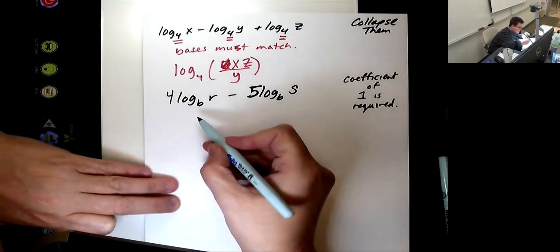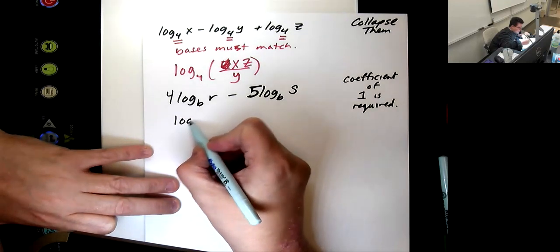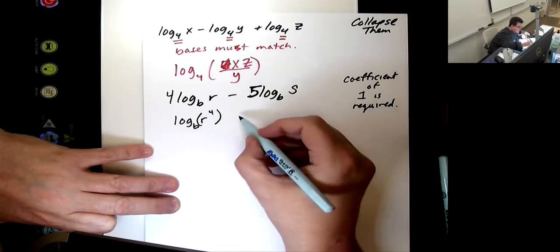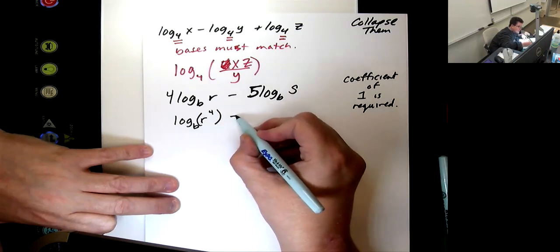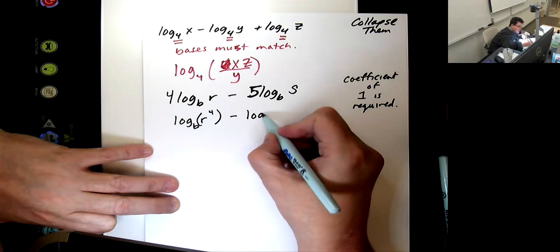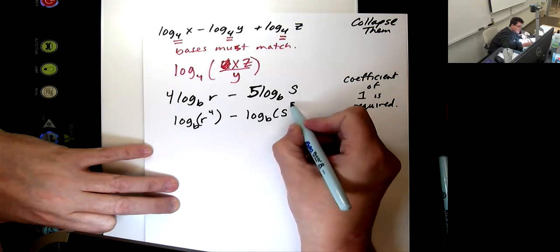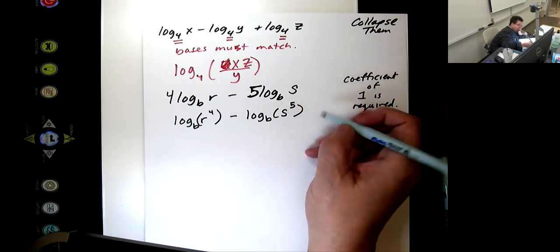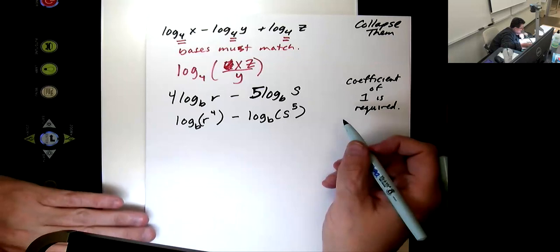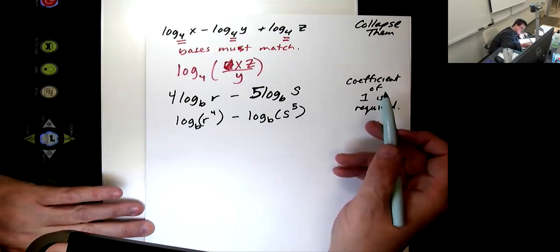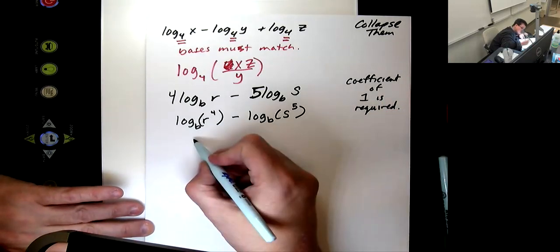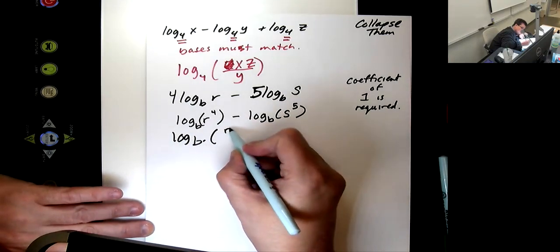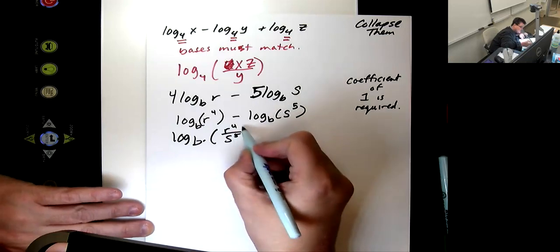So to proceed, we need to move that multiplier inside as an exponent. I'm realizing using s and 5 together is stupid. So put them together: log base b of r to the 4th power over s to the 5th power.